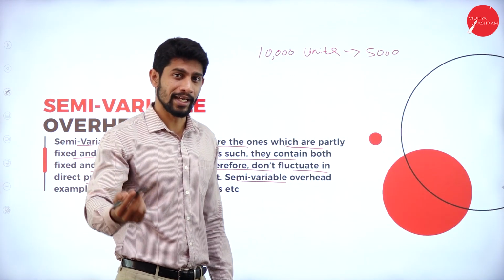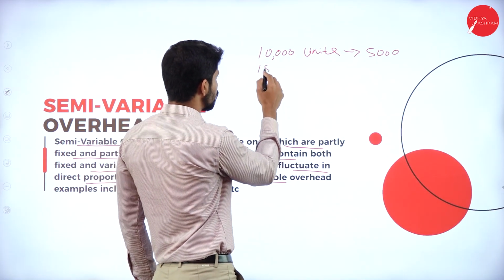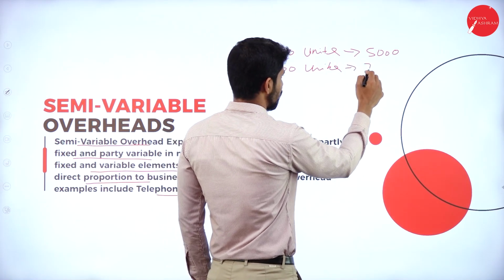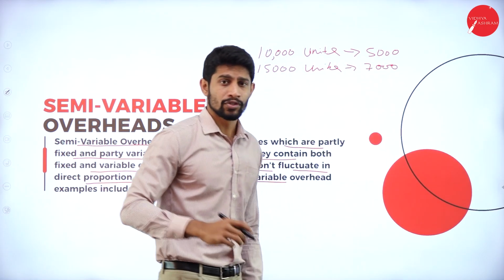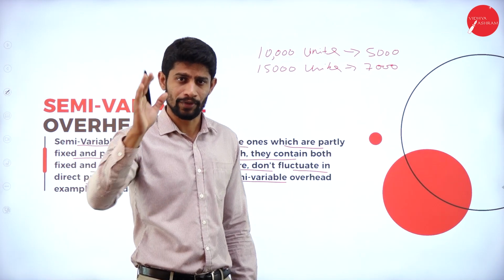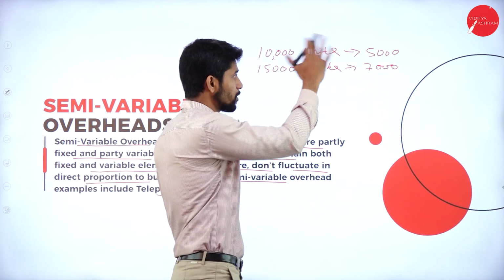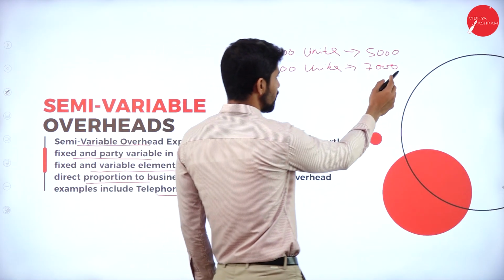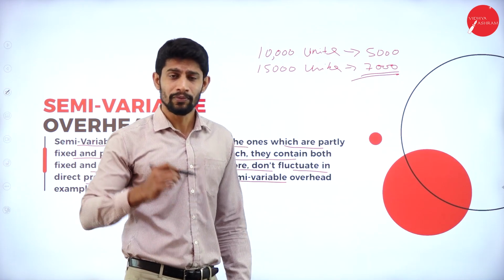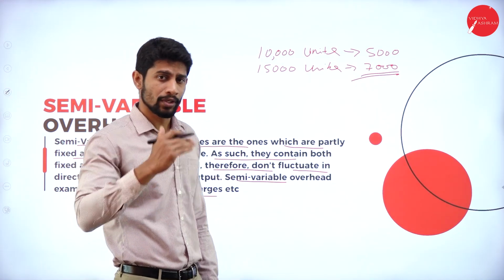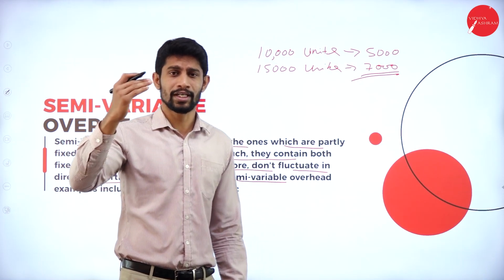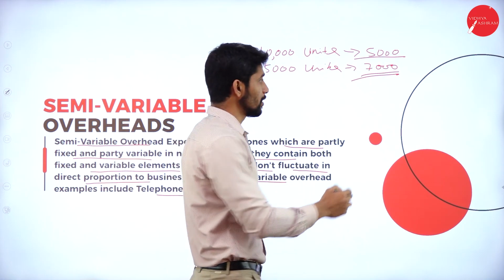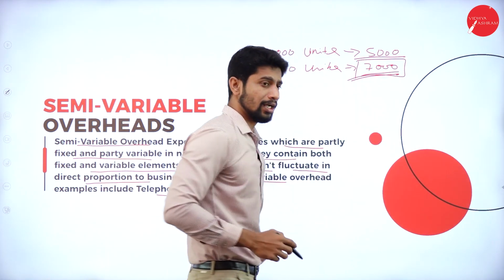In case the productional activity increases to 15,000 units, then you are paying 7,000 rupees of wages. Up to 10,000 units, it is a fixed 5,000 wages. If you are producing 15,000 units, you are paying 7,000 rupees of wages. So as the production increases, the variable cost will also increase. For a certain limit it is fixed, and after that it varies based upon the productional level.